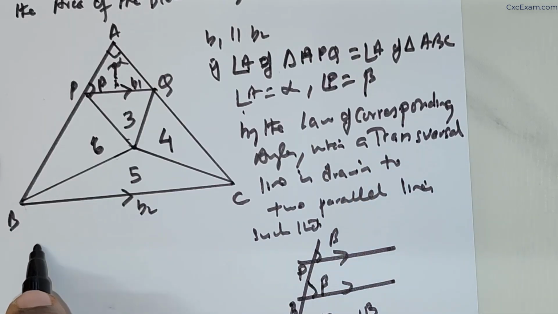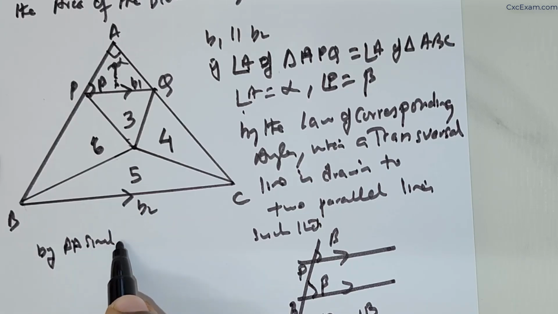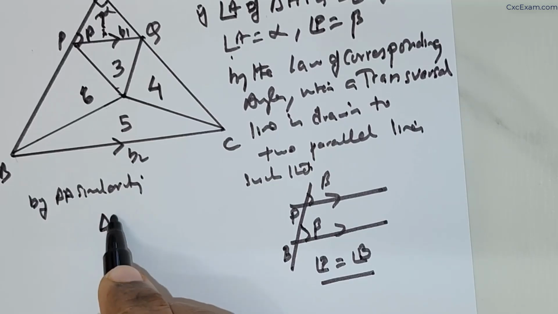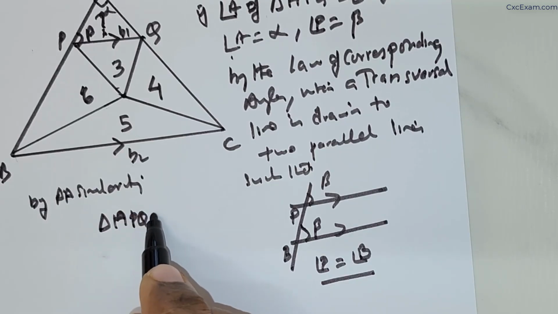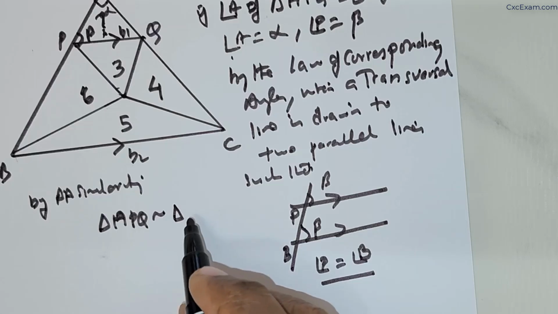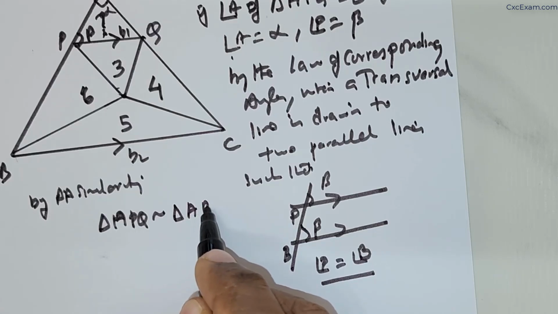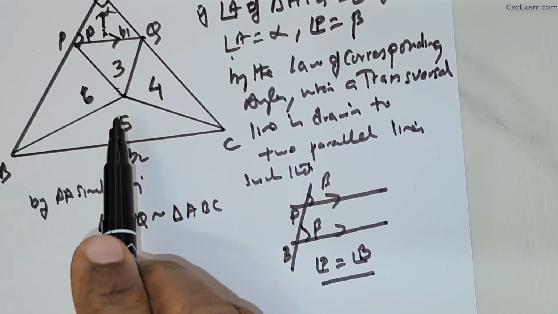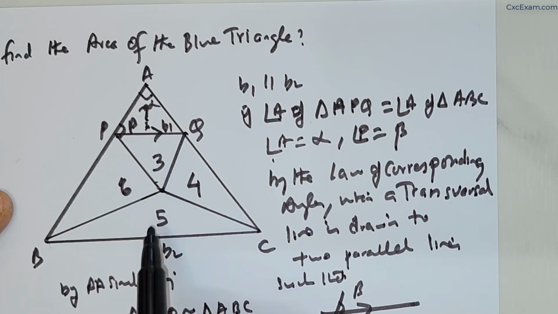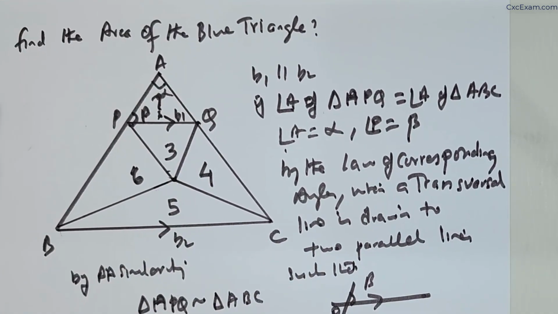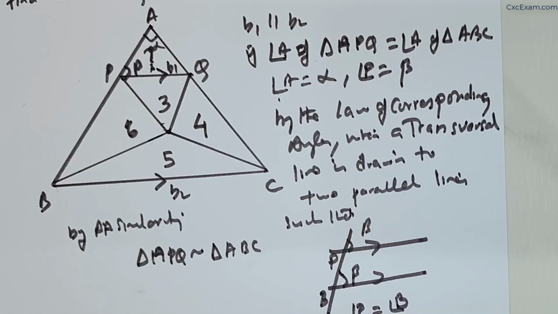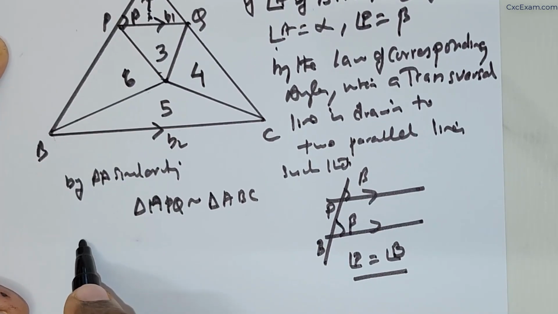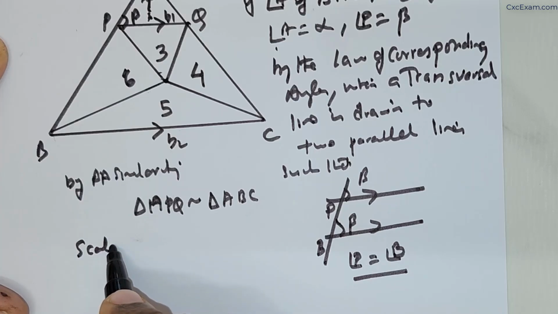What we can conclude is by angle-angle similarity, triangle APQ is similar to triangle ABC. Now we also have these lines, the bases are being parallel, right? That would come in handy. So using this law of similarity, first you consider the scale factor.